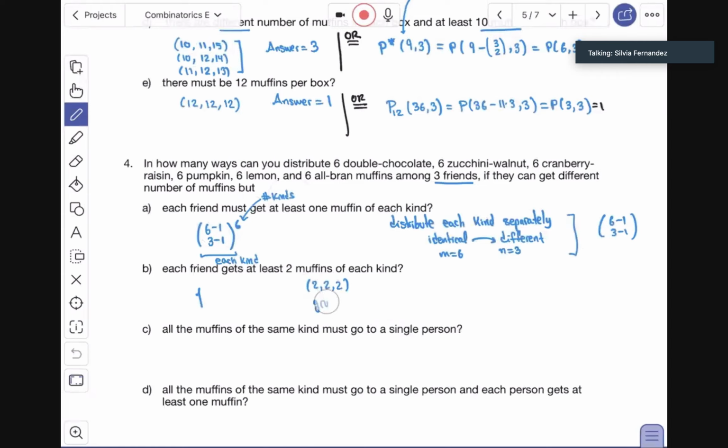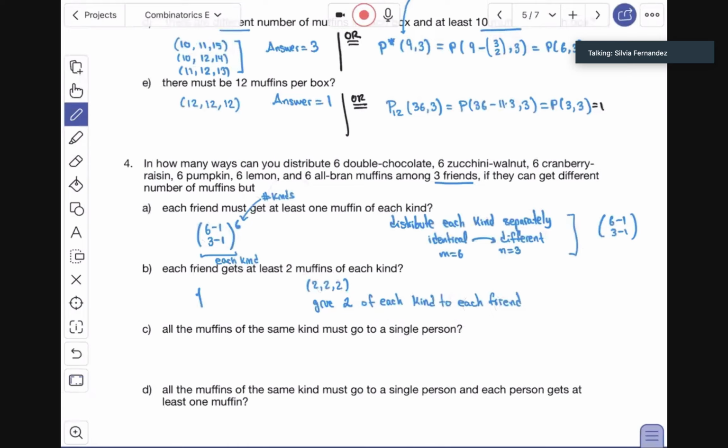So give 2 of each kind to each friend. That's it, right? There's no choice.